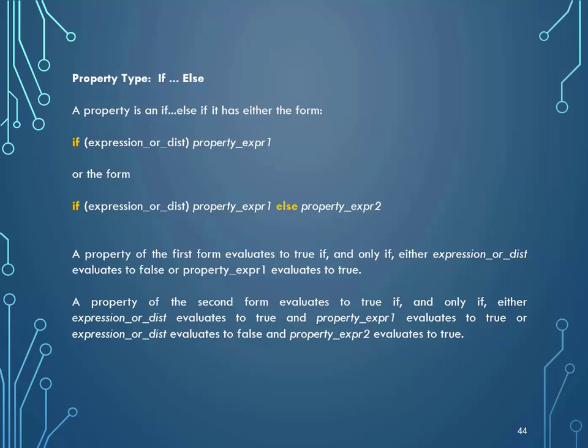In addition, we can include if-else statements inside the body of a property. Look at the second example here. We're specifying that the property expression can be true within an expression or distribution.